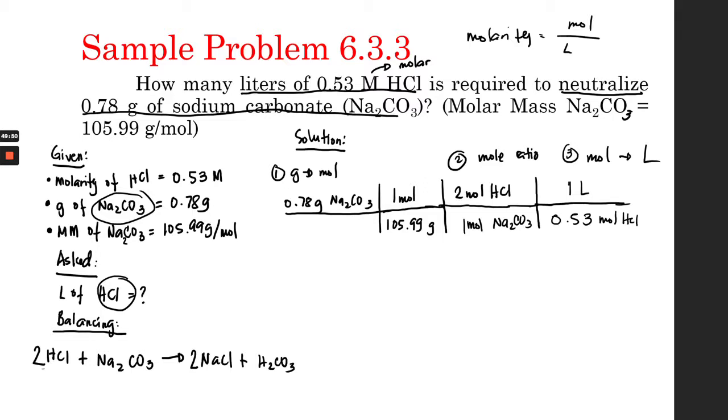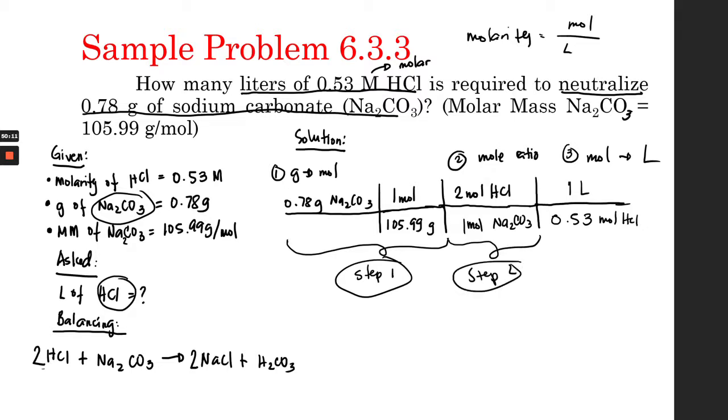Okay, so this part right here is our step 1, wherein we start with the grams given to us and convert them to moles using the molar mass. Step number 2, we use the mole ratio.